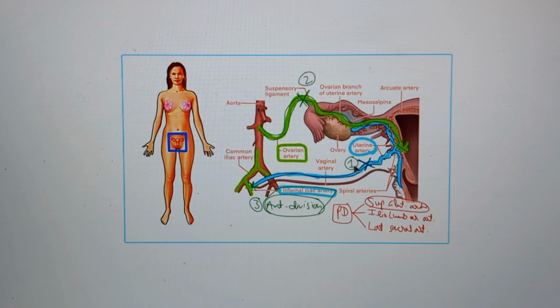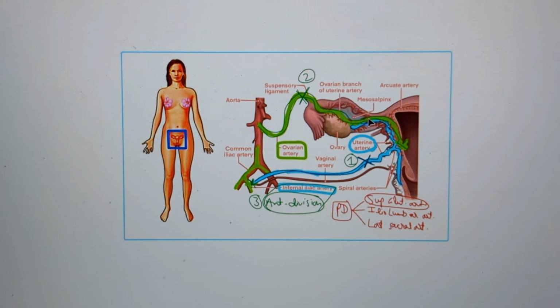This means that blocking the uterine artery alone may not effectively stop the bleeding, as the abdominal aorta continues to supply the ovarian artery, which in turn supplies the uterus through collateral circulation. As a second step, the ovarian artery must be ligated.